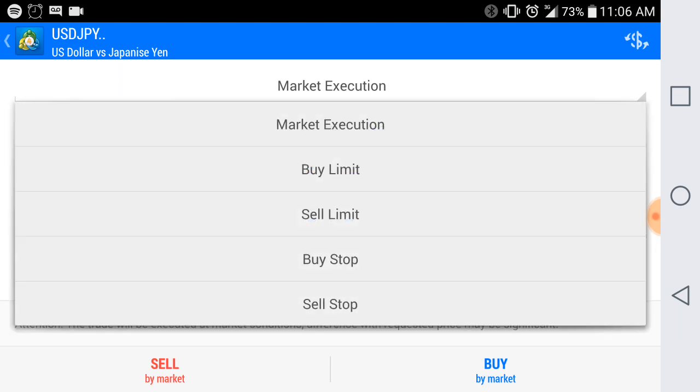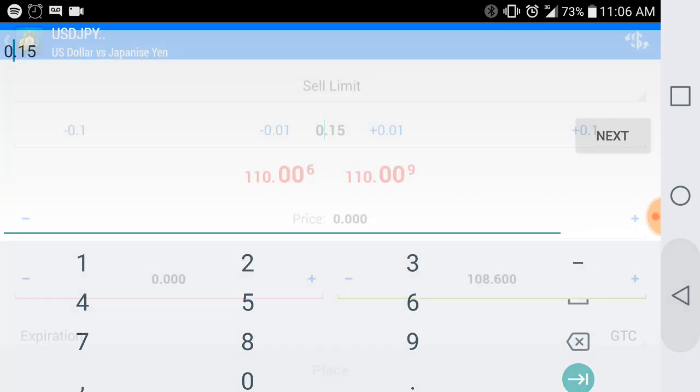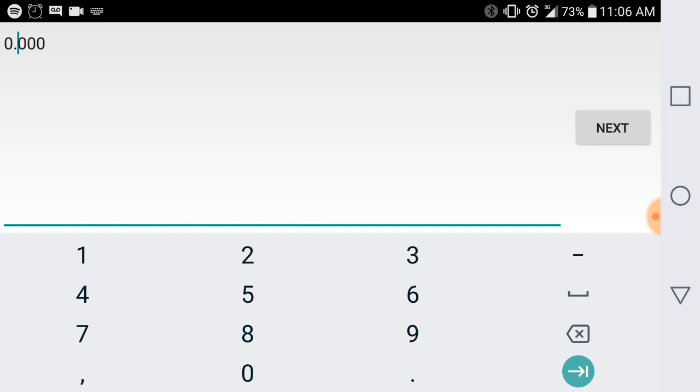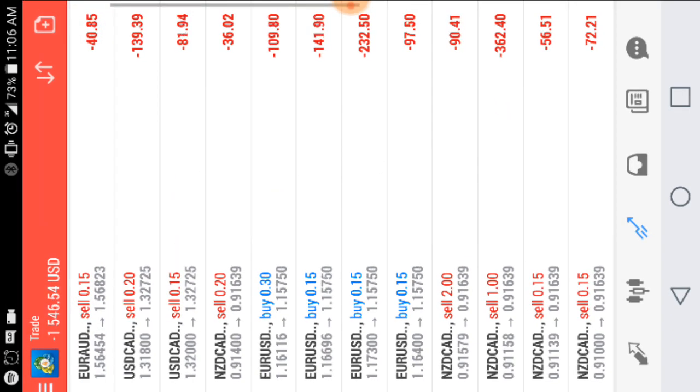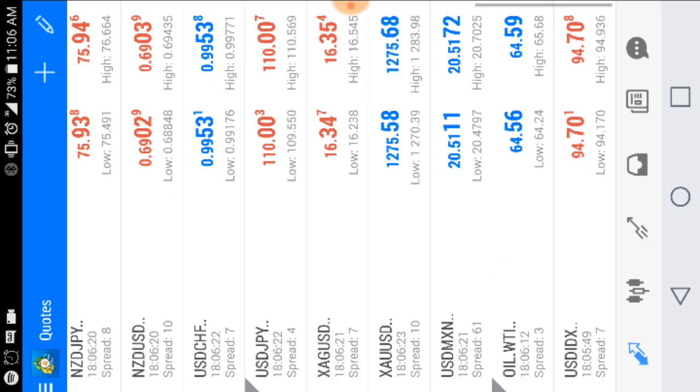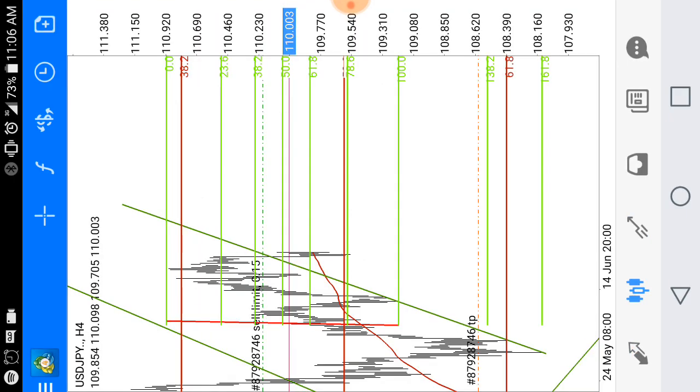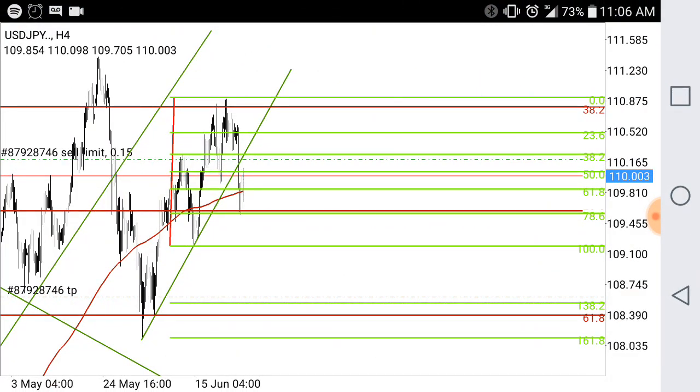Our sell limit was, what was it? 110.2. Alright, so there we go. Sell limit right underneath the 38.2 level, take profit right above that 38.2 level.